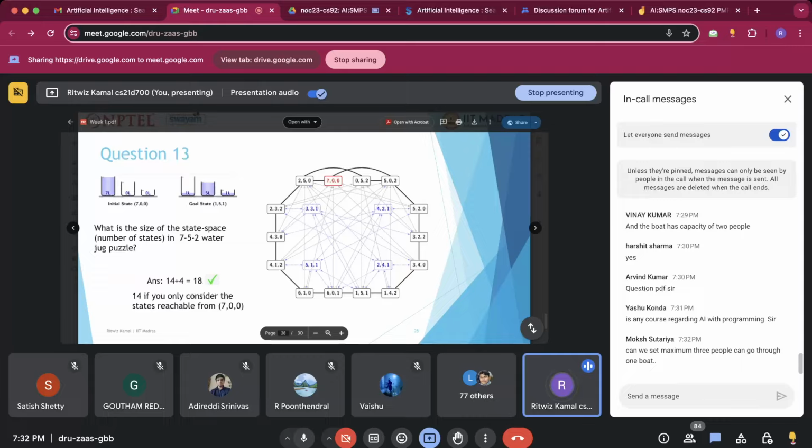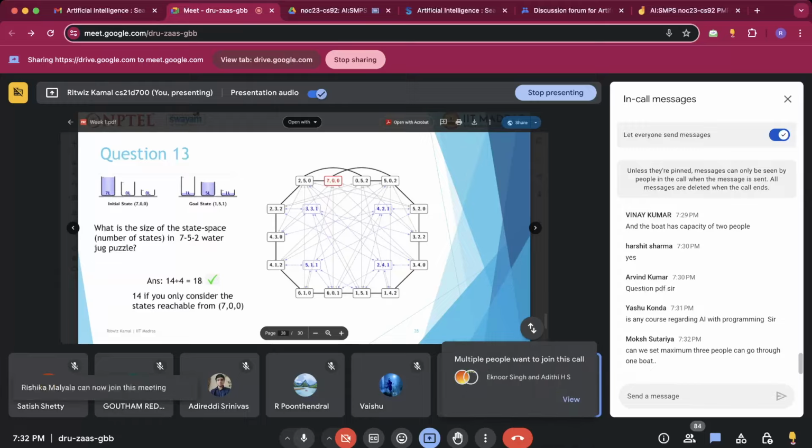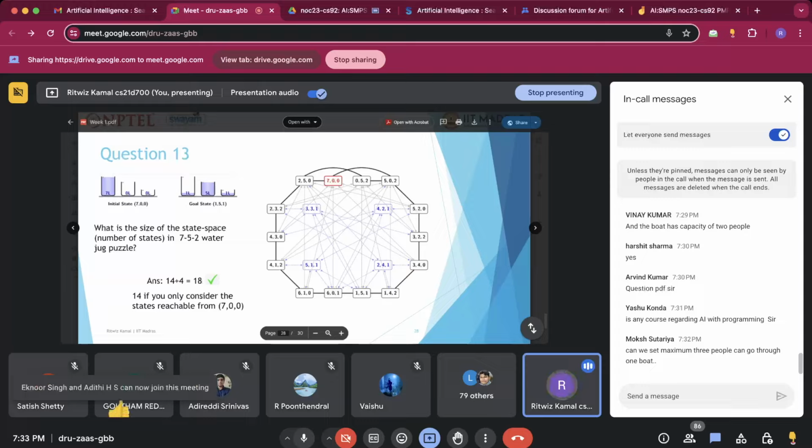Since then this was brought up in the forum and the team corrected it. Bhaskaran sir was involved at that point of time, and they resolved the conflict. So in the future, if such a question is asked, hopefully it will mention exactly what it wants, whether only reachable states or all states. Does that answer your query, Satish? Okay, great.